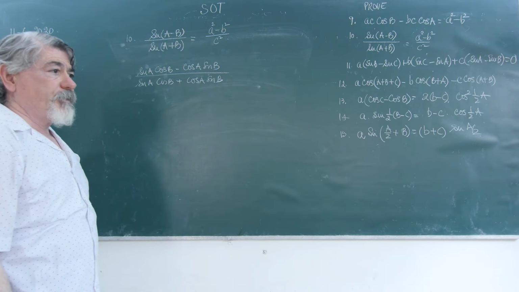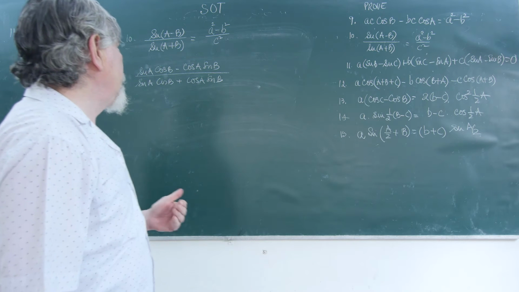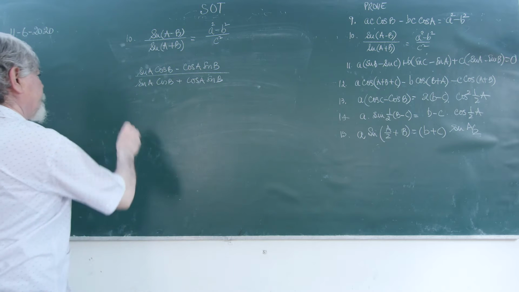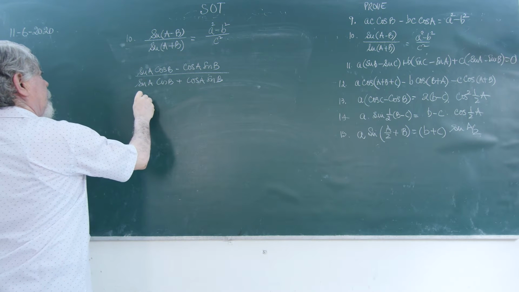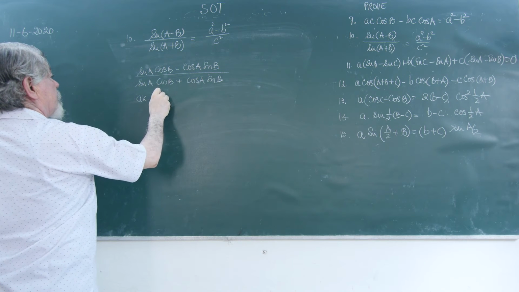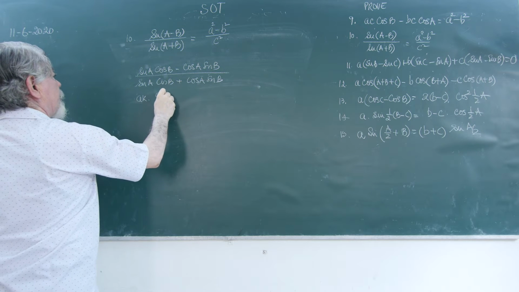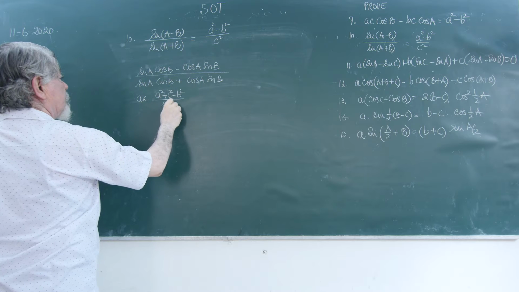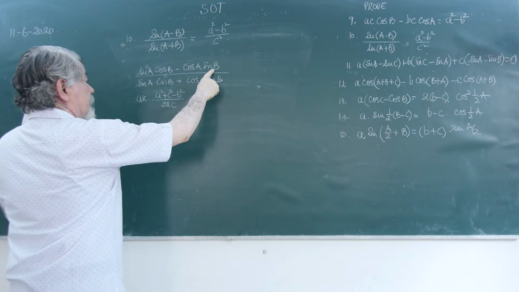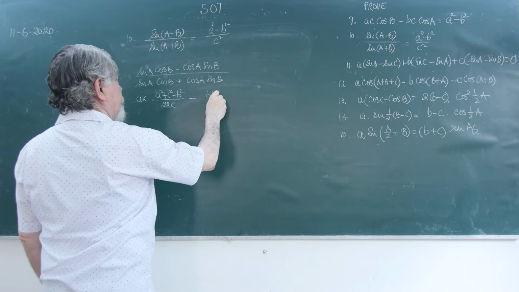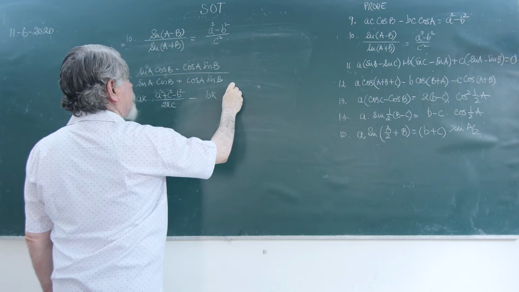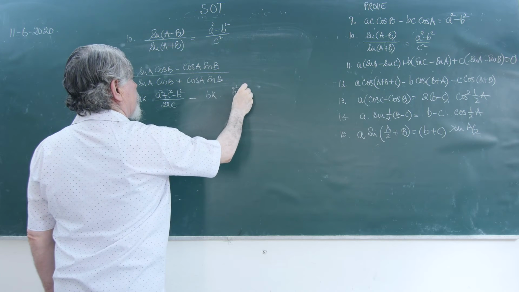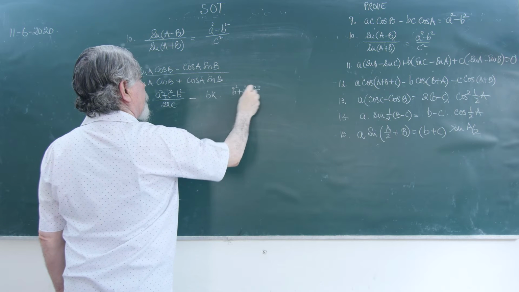Sin A and sin B will be replaced by KA and KB. It will be AK, and cos B is (A square plus C square minus B square) upon 2AC. Similarly, sin B is BK and cos A is (B square plus C square minus A square) upon 2BC.